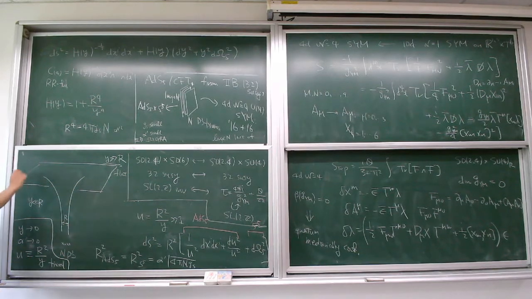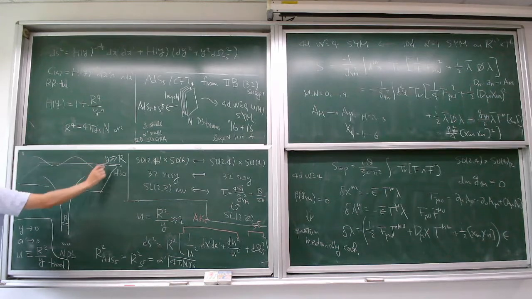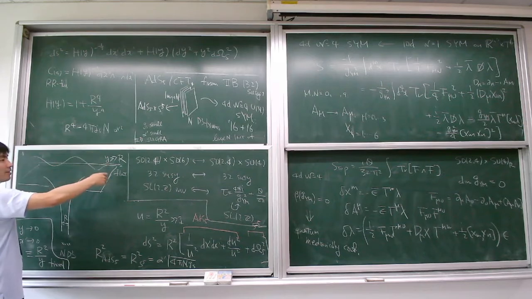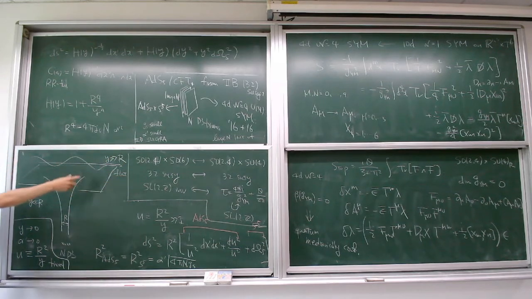So if y is very big, the physics of the asymptotically flat region is decoupled, they do not talk to each other, from the physics near horizon, near the D brane. So that's why this is called the decoupling limit.